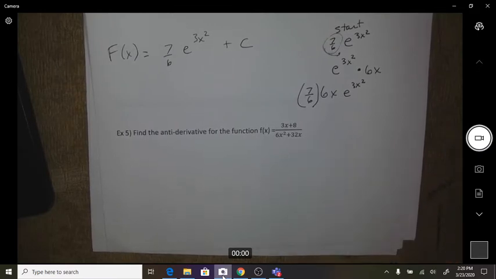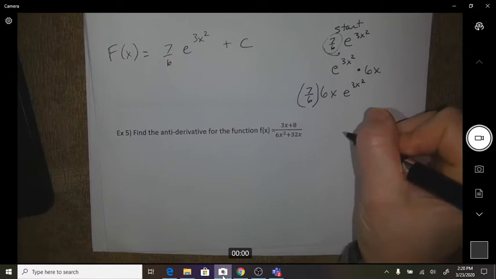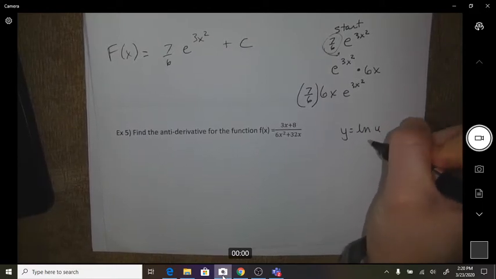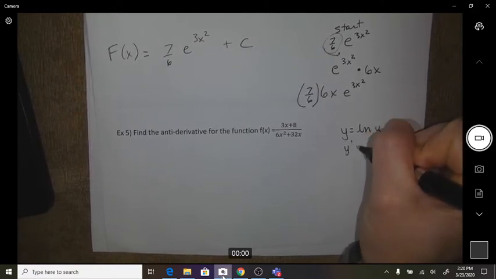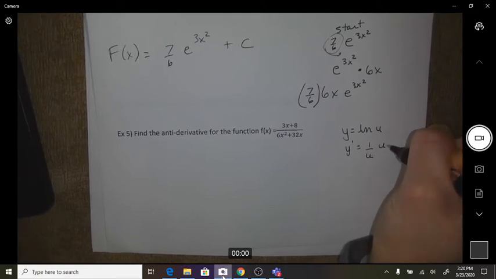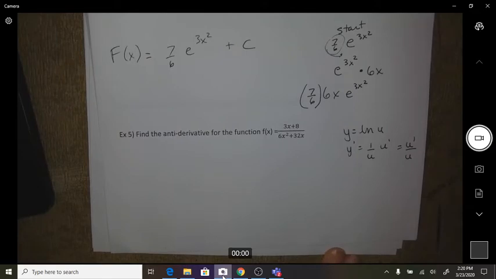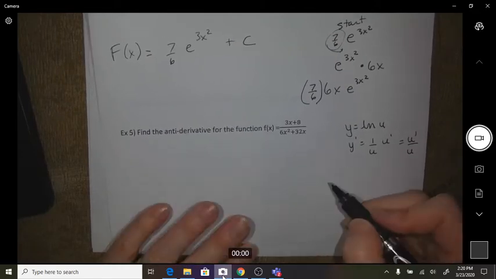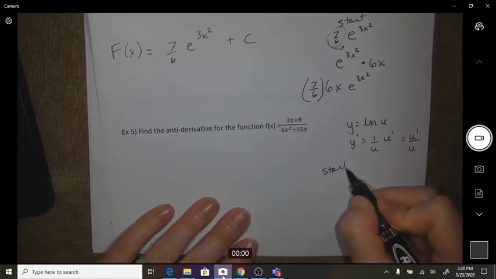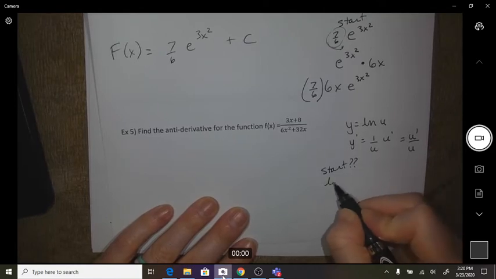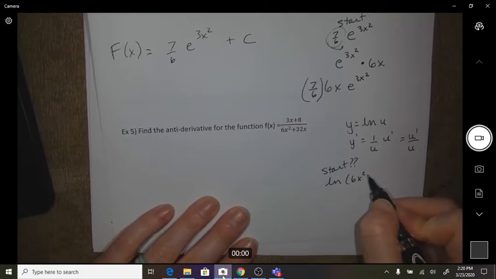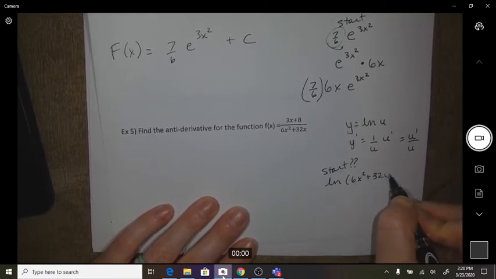Okay, what rule do you think this is? I'm thinking if I have an ln of u, it's going to be 1 over u times u prime. So let's pretend or guess that we started with the ln of 6x squared plus 32x.